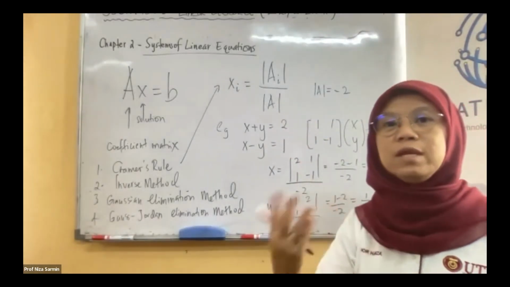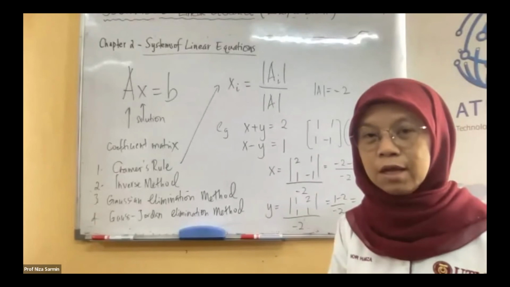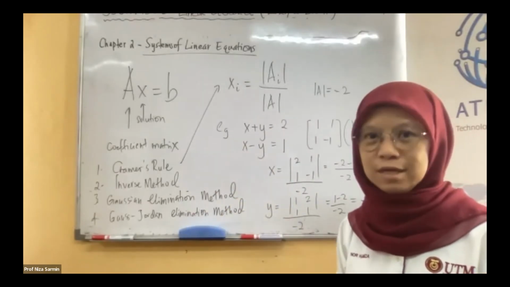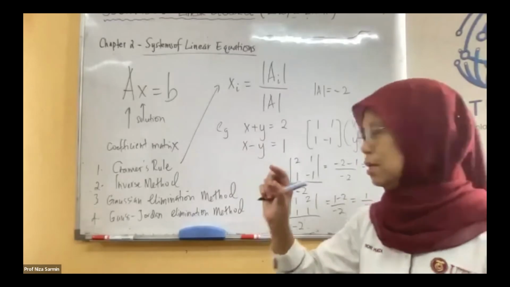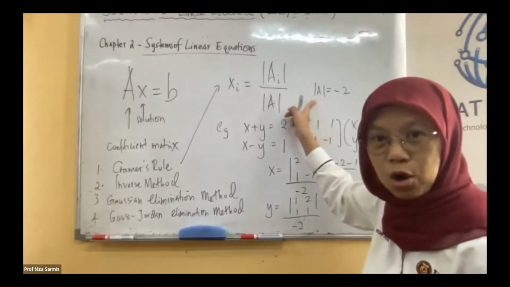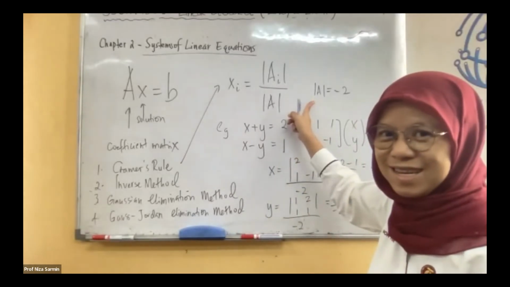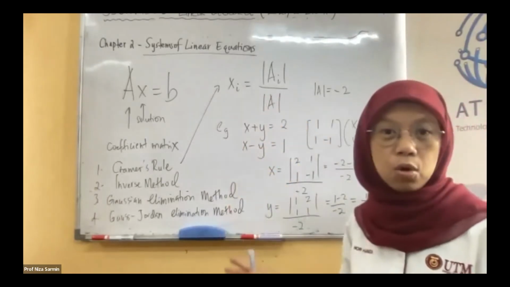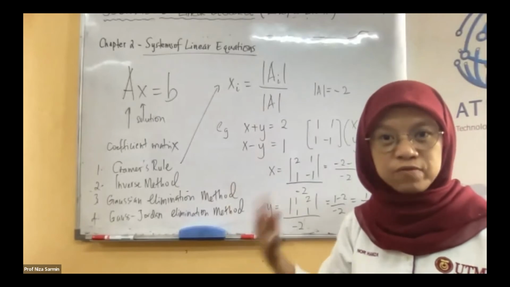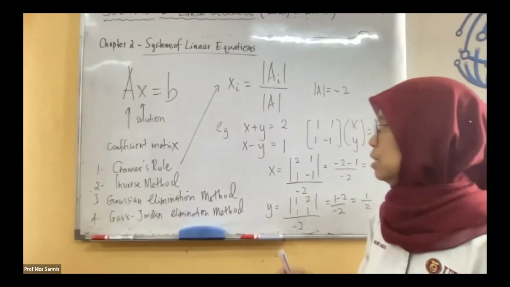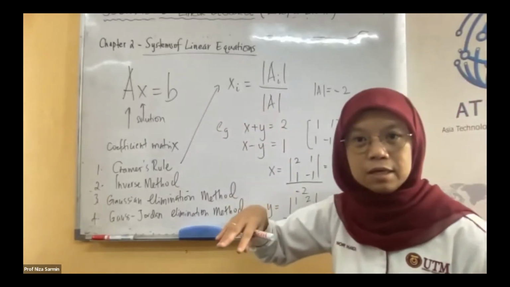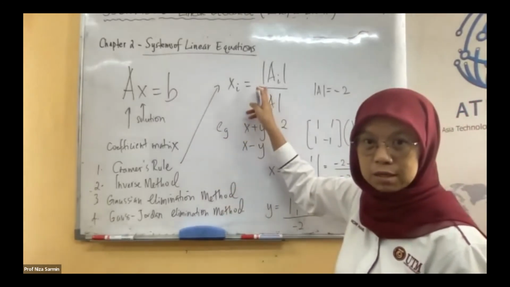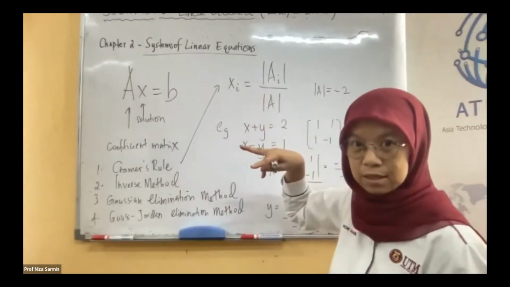So if you have 3 by 3, then you have to do x1, x2, x3. So imagine if you get the wrong determinant, all answers will be wrong. Okay, so making sure the determinant is correct is very crucial, even if the matrix determinant is 3 by 3.